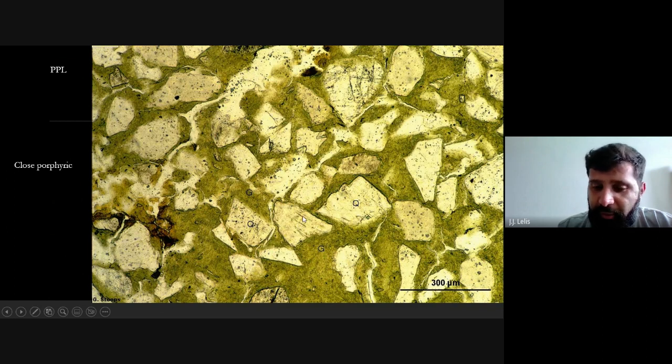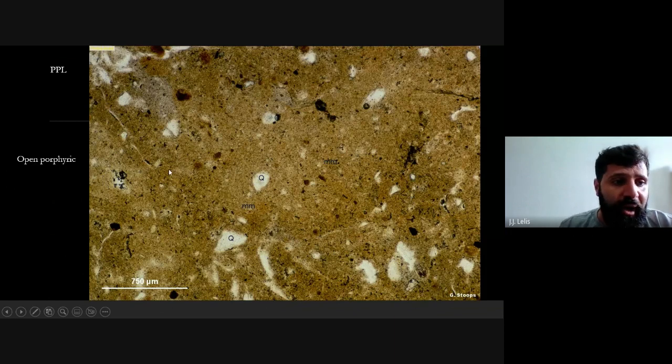when we have these coarse grains touching their neighbors. And here we have an open porphyric when we have a mass composed of fine fraction, and some spots with coarse materials, but they do not touch each other and are very far apart.